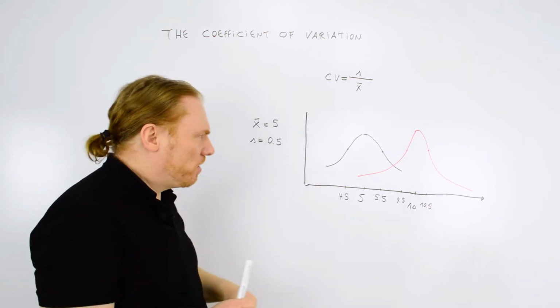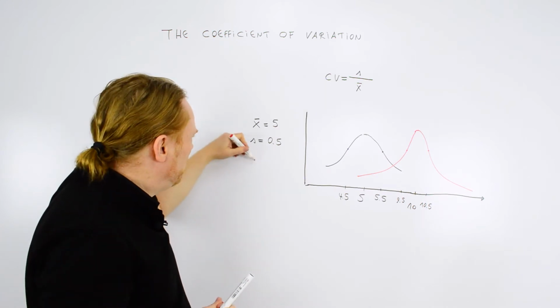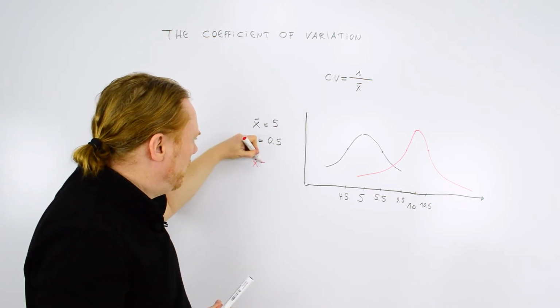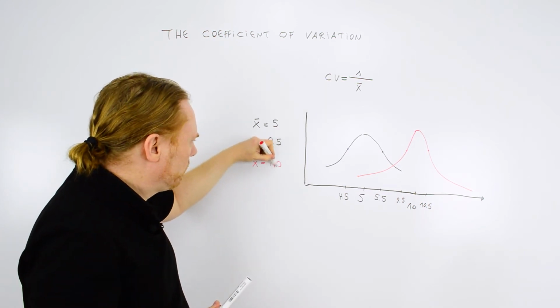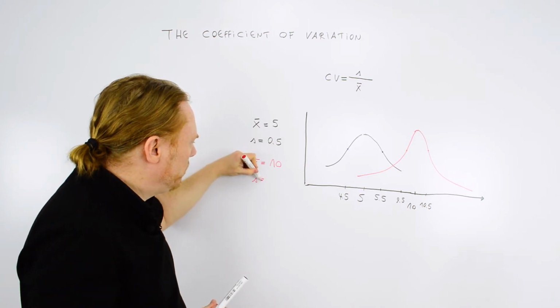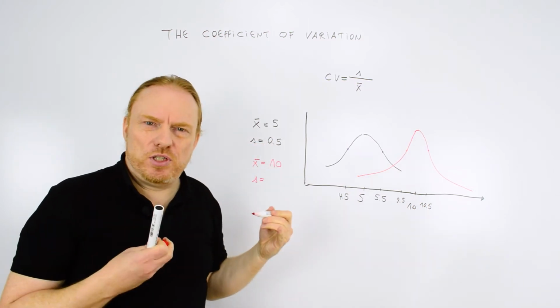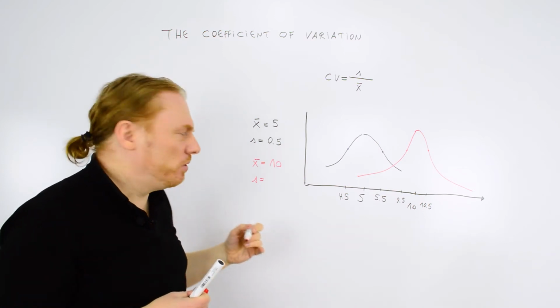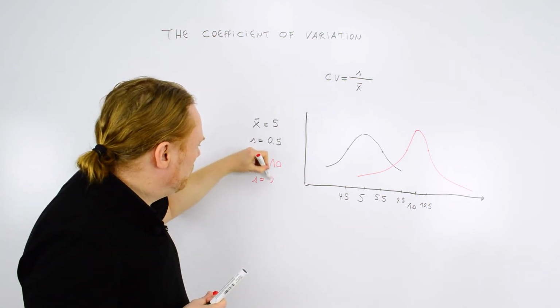The red distribution has an arithmetic mean of 10 and a standard deviation which, in its total value, is equal to 0.5.